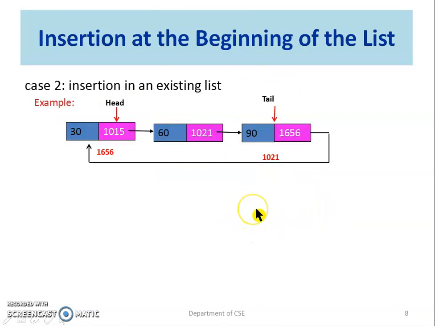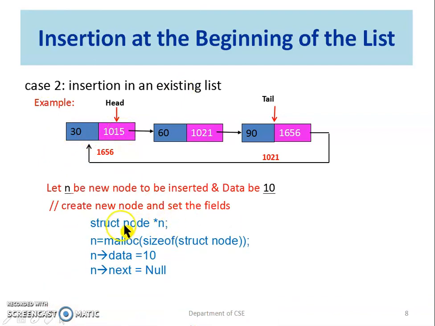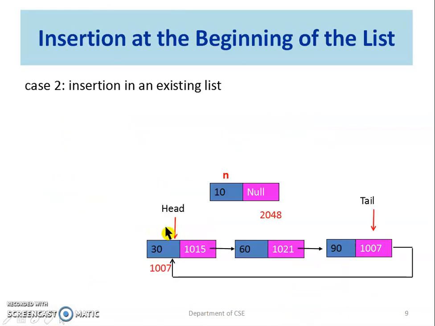Next, let us see the second case, the insertion in an existing list. Consider the example shown. As usual, the first step is the creation of new node and set the respective fields. To insert, we make use of the temporary pointer P initially pointing to the head node.